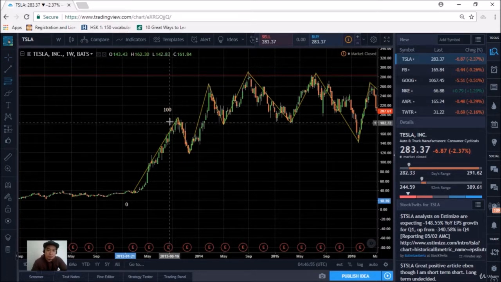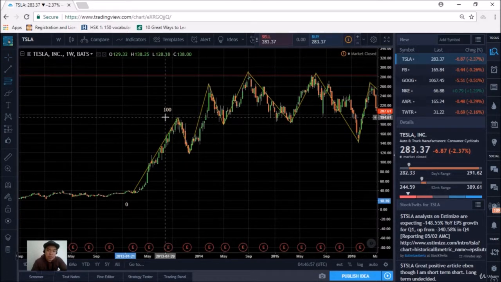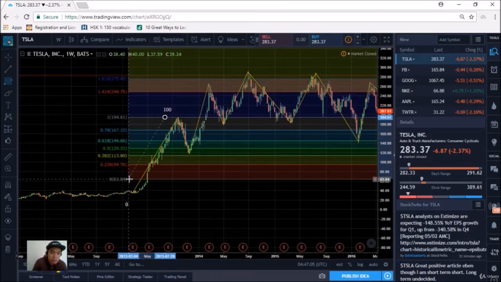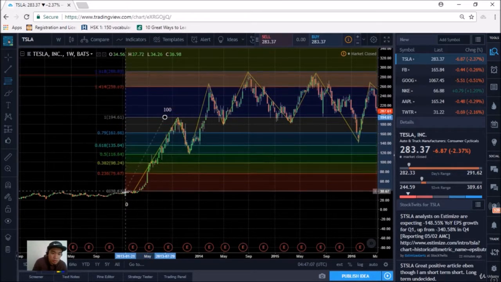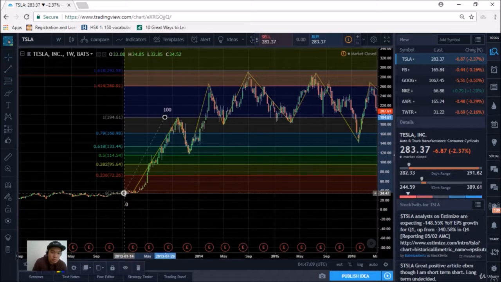For this Fibonacci tool, you just plot here. What I mean by 100 is that it always indicates 1 in Fibonacci analysis, and 0 is 0.